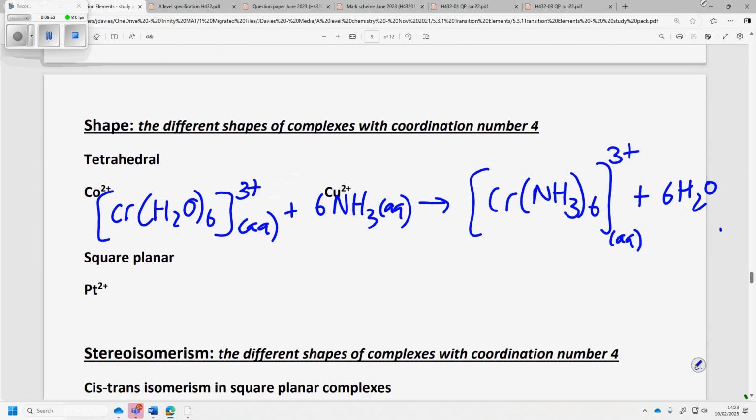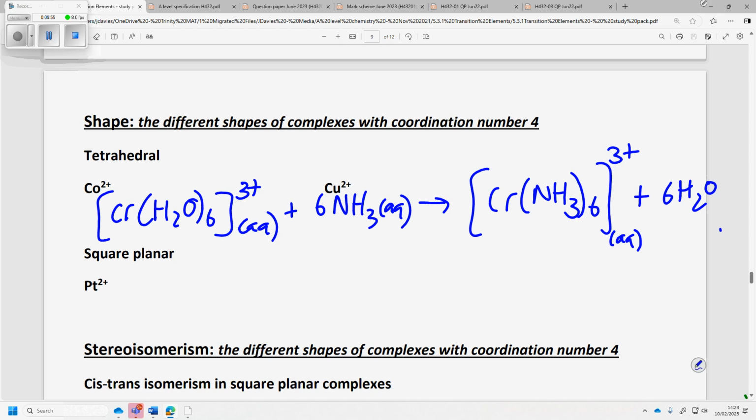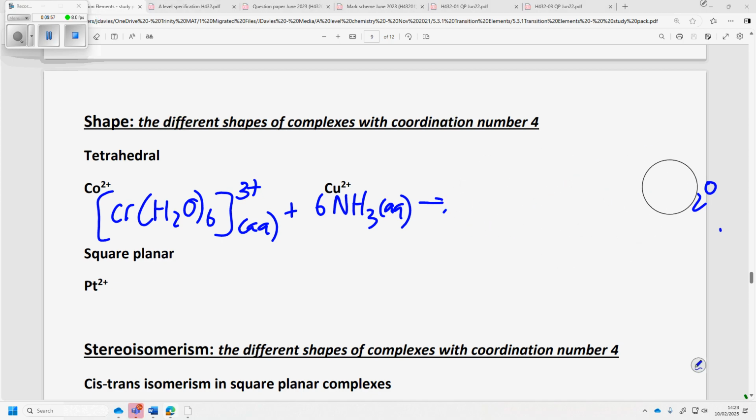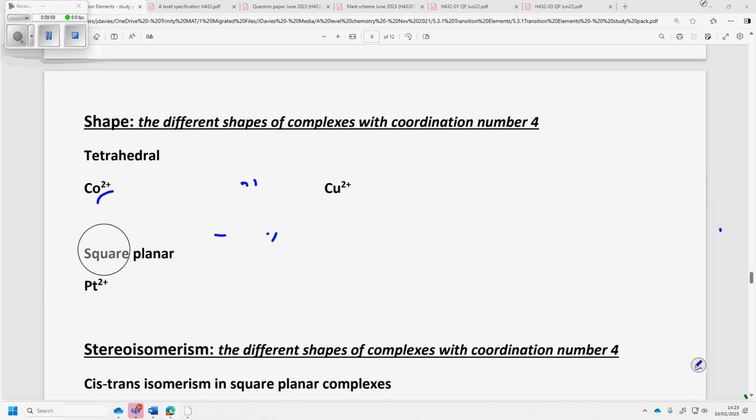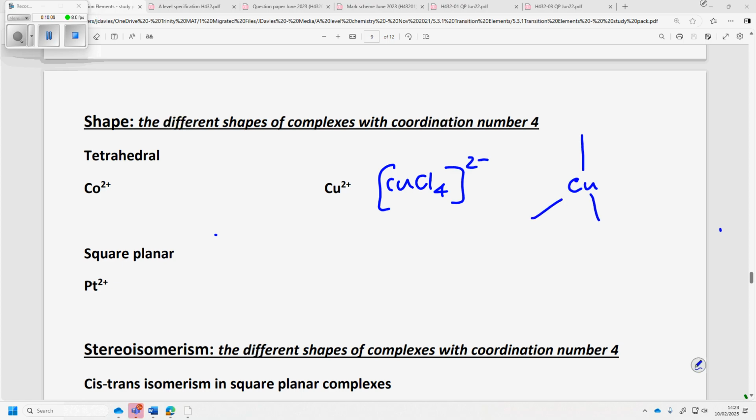Now, let's think about this idea to do with shape. We've just seen the copper 4 chloride ions.